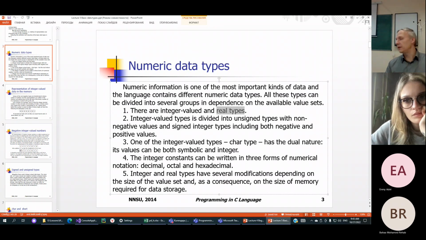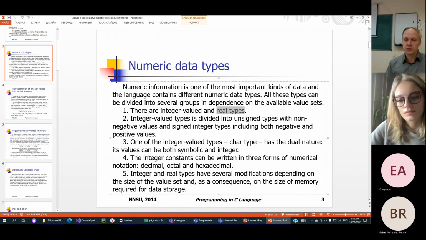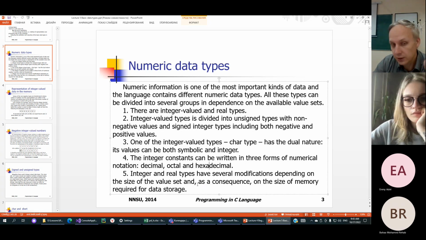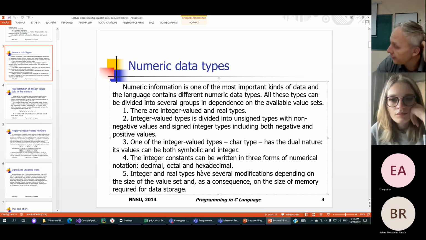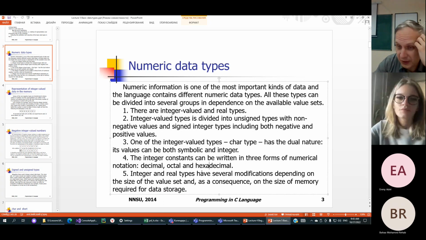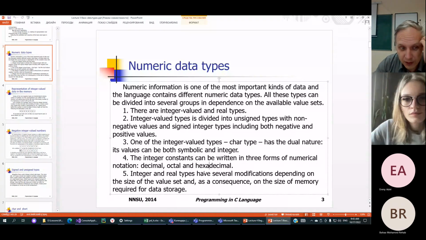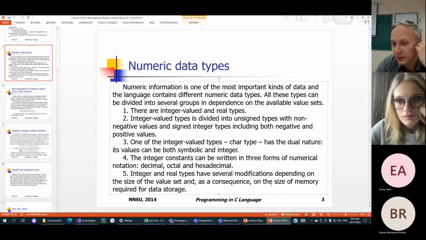Actually, we can use different notations for the constants of the integer types. We can use decimal, octal, hexadecimal notation. We discuss different notations later. And integer and real types have several modifications depending on the size of the value set and, as a consequence, the size of memory required for data storage.